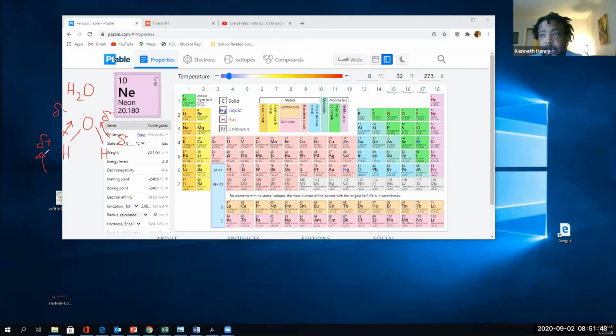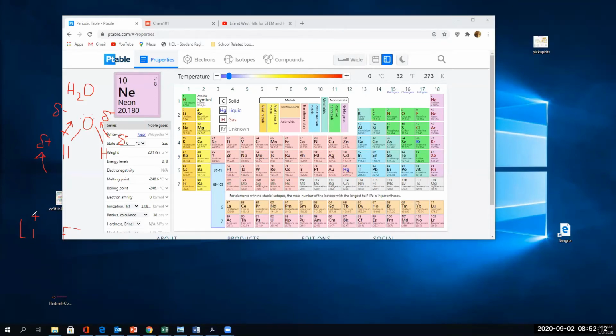We use that to represent the partial charge because it's not a complete charge. Kind of like when we were talking about lithium fluoride, where fluorine is a minus and the lithium is a plus. Remember when we talked about that just a second ago?